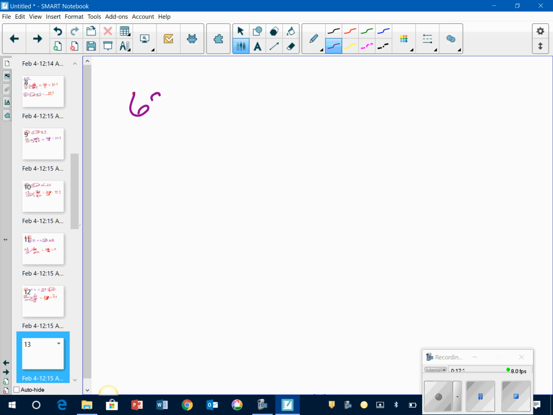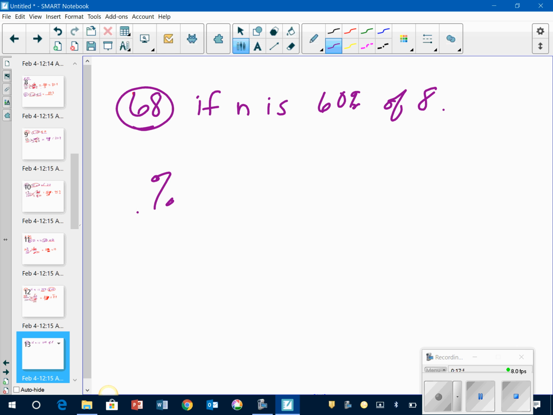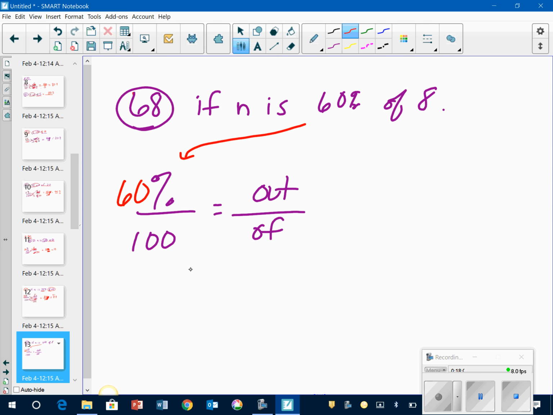Number 68: if n is 60% of 8, what does n equal? So again, we're going to do our formula, percent over 100 equals out over of. The 60% goes here, keep your number 100.